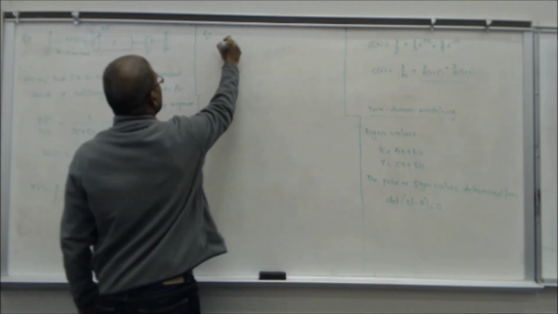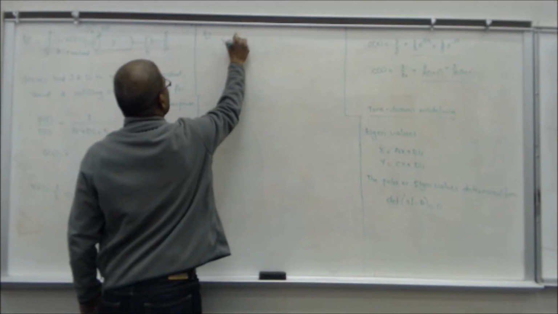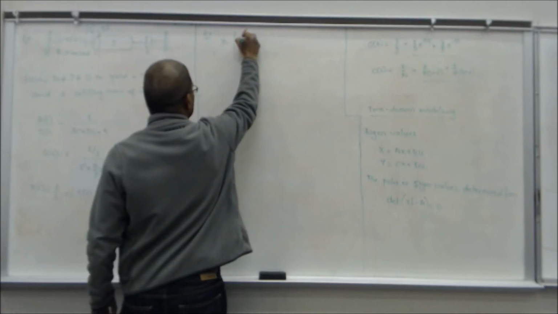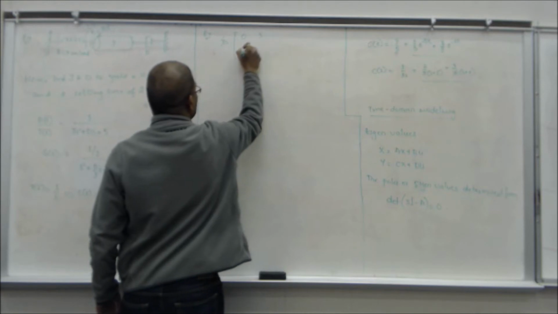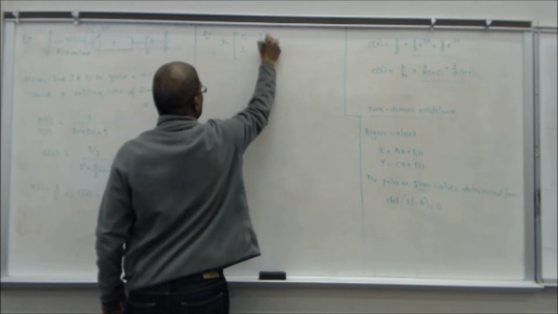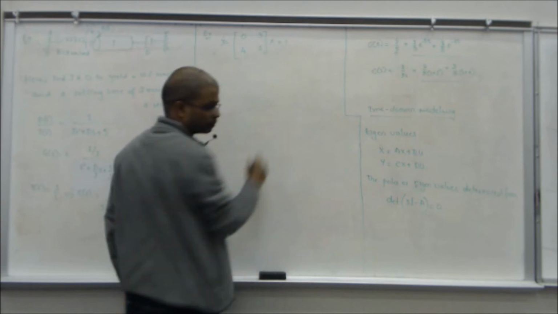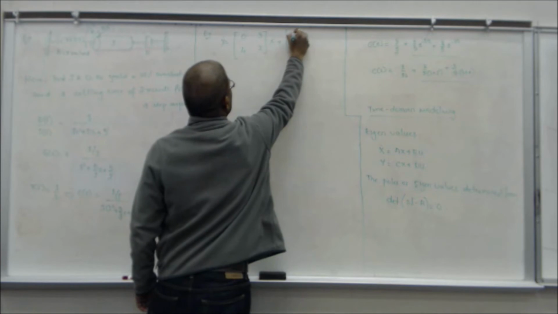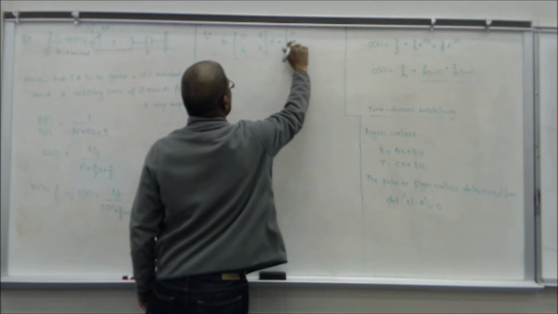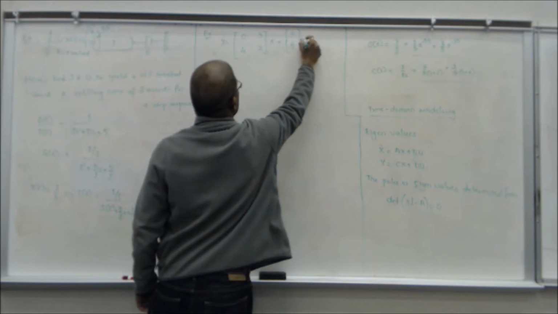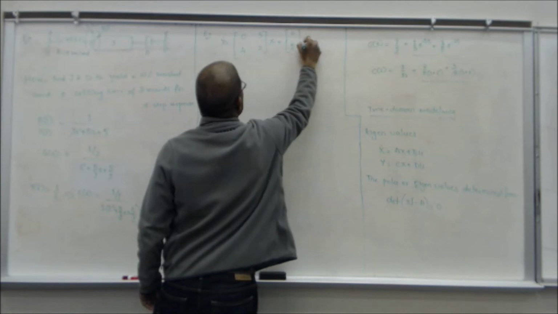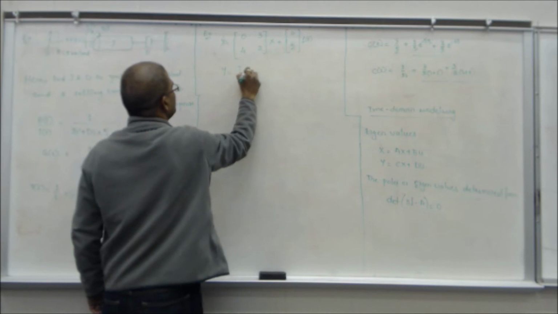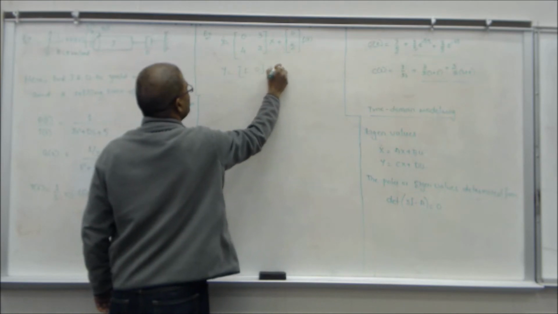So if you have something like this, x dot is equal to, I'll just make up this, 0, 3, 4, 2, x plus 0, 2, f of t, and y is equal to 1, 0, x.